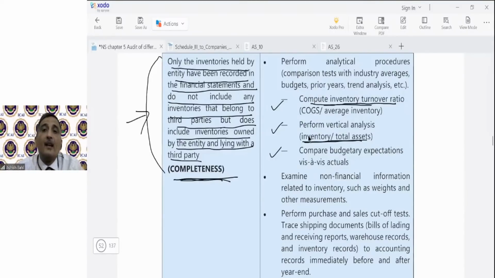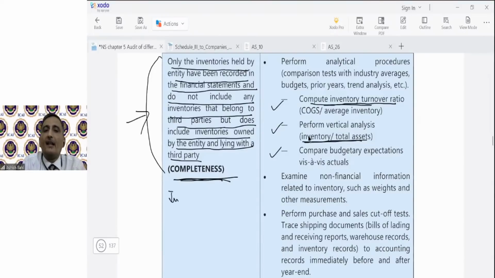Similarly, while calculating the inventory turnover ratio, he gets to know whether there is any unusual movement. When he compares the inventory turnover ratio of the current year with previous years, he can know whether there are any significant deviations.